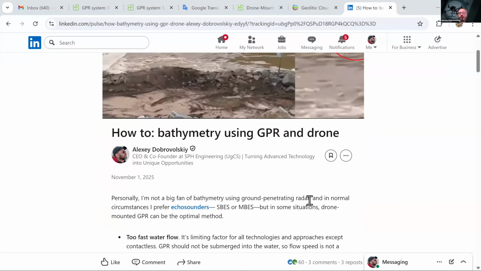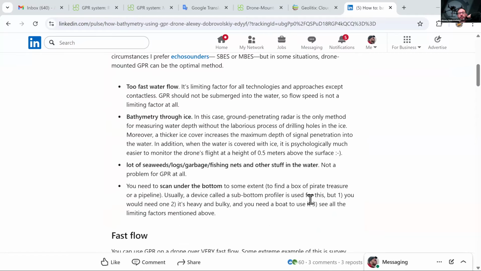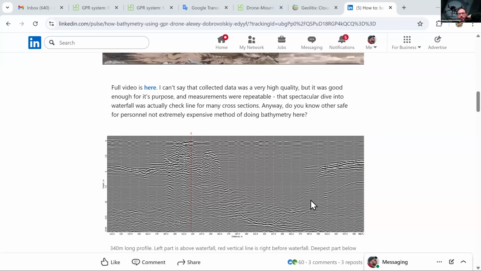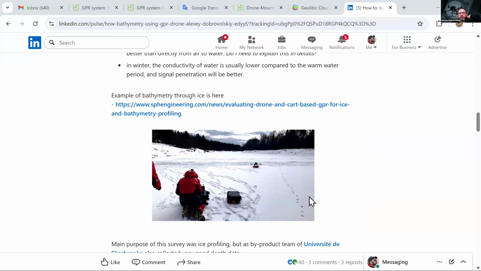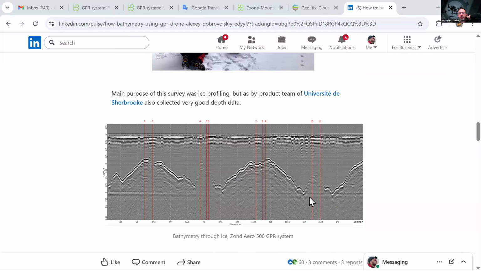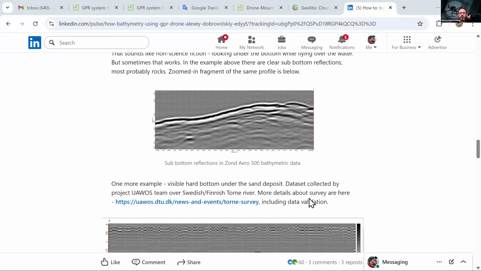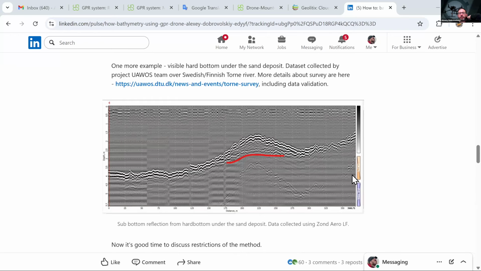At some moment it will be moved to our corporate site, but you can read it, and there are many aspects of bathymetry using GPR, not only on a drone, but from a boat as well. The main limiting factors here are the conductivity of the water, which should be very low, and the maximum depth.